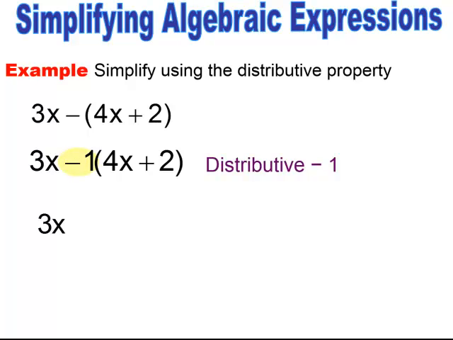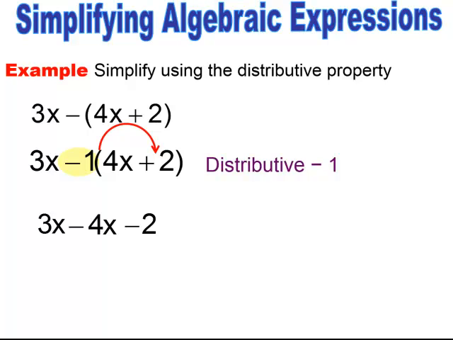So I'm going to just bring down my 3x, and I'm going to do that distributive property to clear the parentheses. So negative 1 times a positive 4x is going to be a minus 4x. A negative 1 times a positive 2 is going to be a minus 2. So now that I did the distributive property and cleared the parentheses, then I can combine like terms.